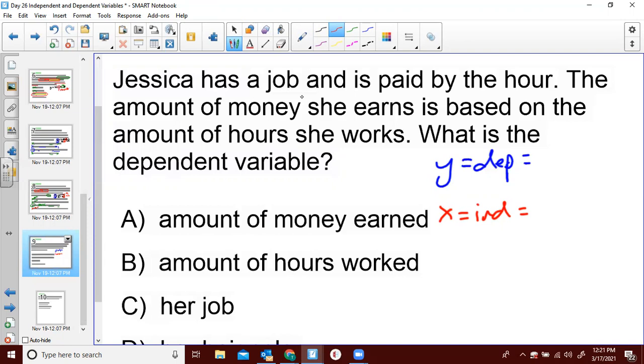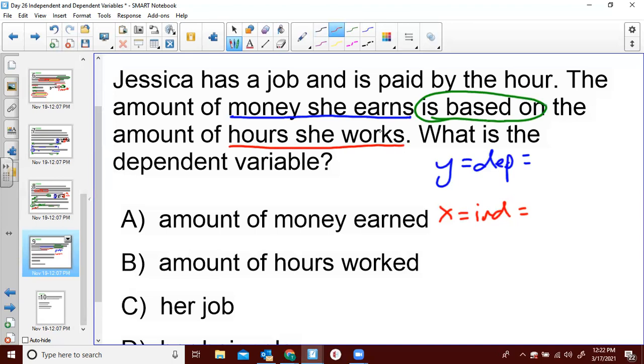So Jessica has a job and is paid by the hour. So she's paid by the hour. The amount of money she earns is based on the amount of hours she works. So when I look at this, I see the amount of money she earns is based on the amount of hours she works.